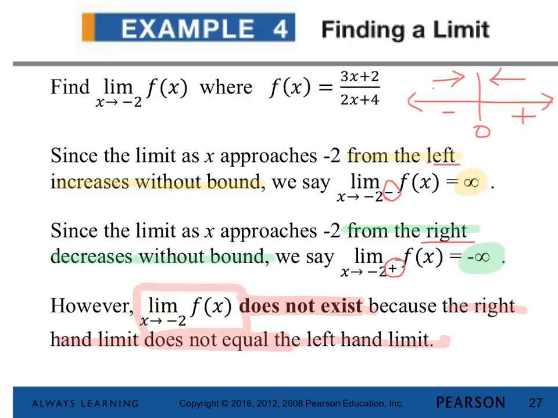In all the other examples up to this one that we've had, the right hand and the left hand limits were equal. But in this case, they are not equal. One approaches positive infinity, one approaches negative infinity. So the limit at x equals -2 does not exist. The limit as x approaches -2 does not exist.